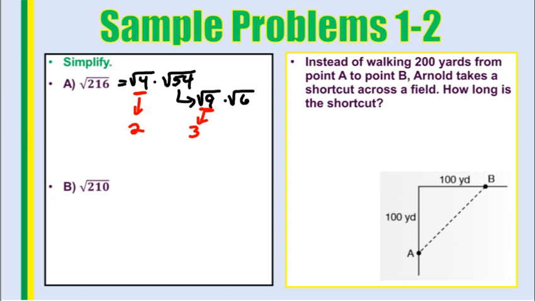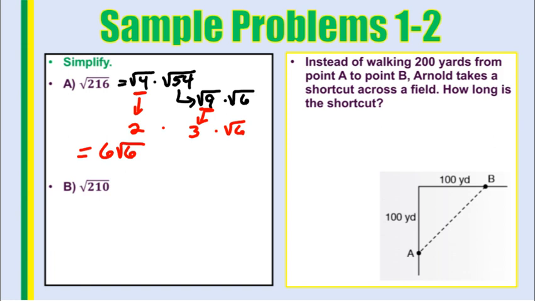That equals 3. I cannot break down the square root of 6 any further besides 2 times 3, but that's still going to give me 6. So this remains as the square root of 6. So my answer would be 2 times 3, which is 6, times the square root of 6. Next one, 210.